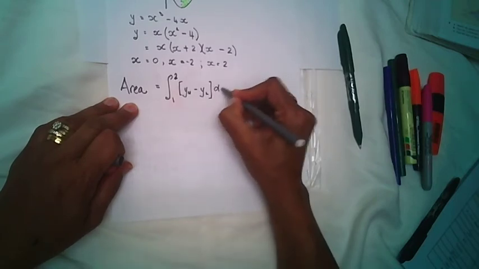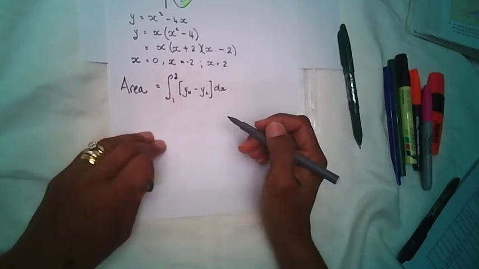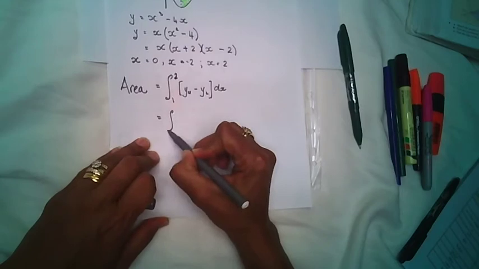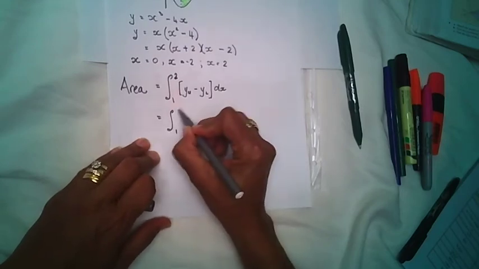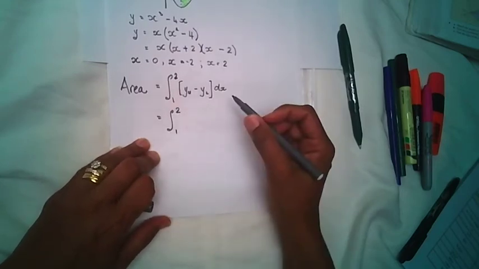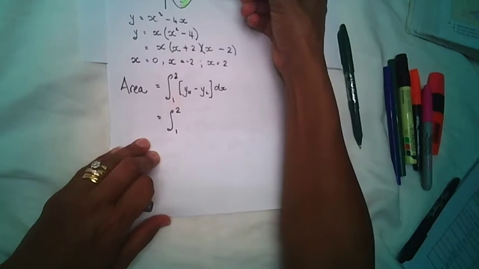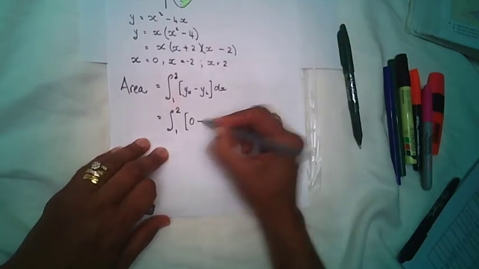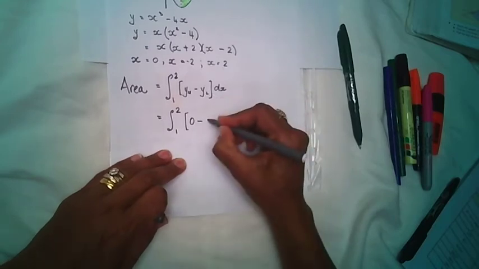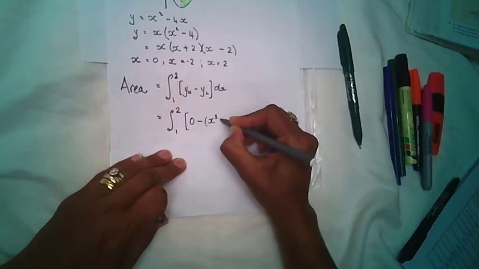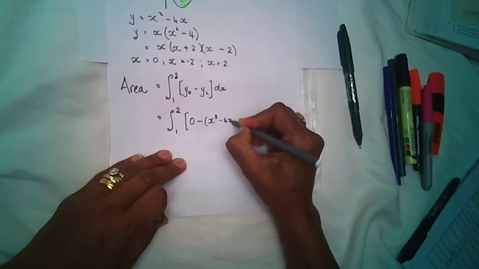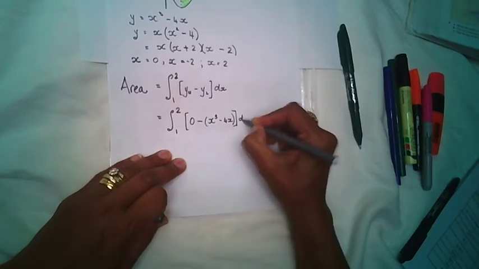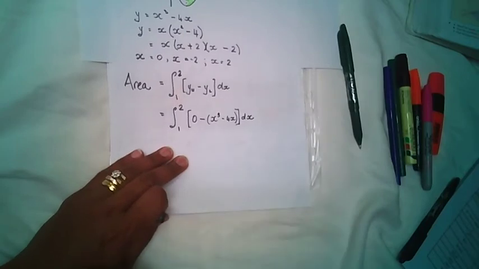Looking at our space here, we can see that our upper function happens to be, again, the x-axis, which is 0, minus our function x cubed minus 4x, and we're going to integrate that whole space.